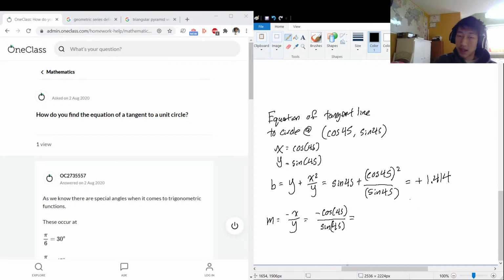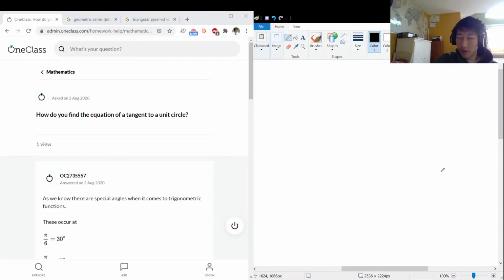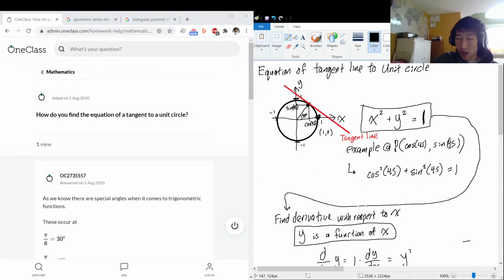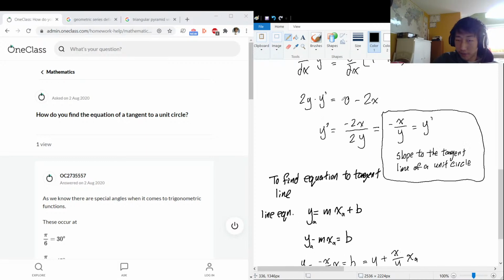It makes sense because if we scroll up to our unit circle here, it's going to be higher than the 1 if we're taking it here. Not necessarily too much higher, but just a little bit higher. So that lines up with our calculation of 1.414.